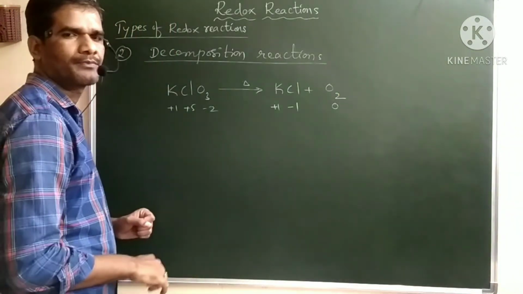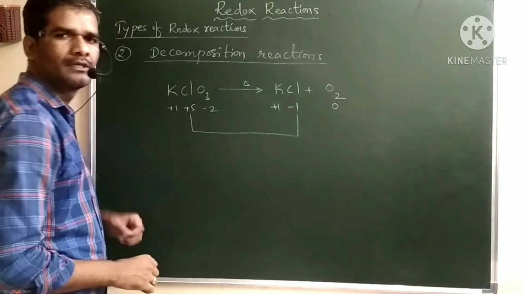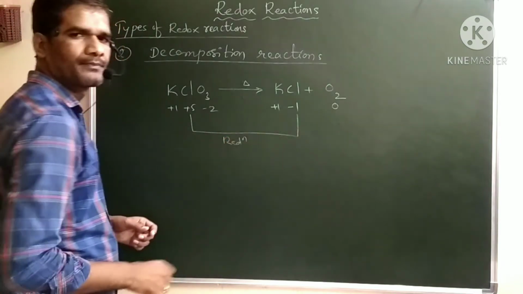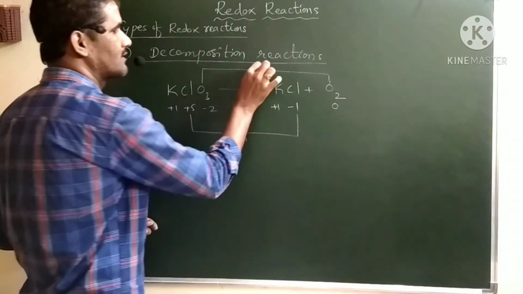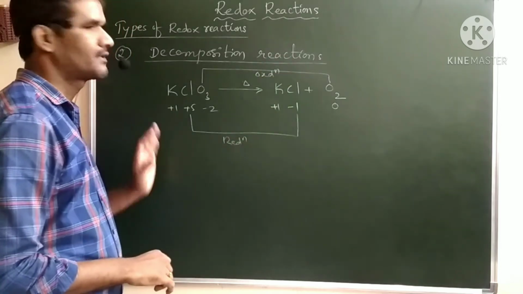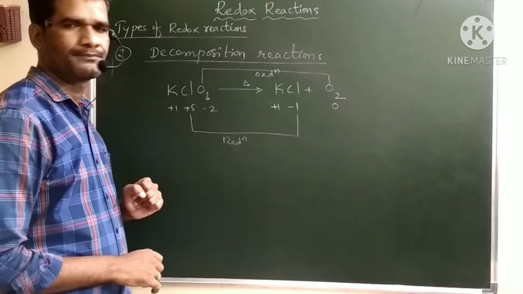Now chlorine changes its oxidation state from plus 5 to minus 1, a decrease, and this is reduction. And oxygen goes from minus 2 to 0, an increase, and this is the oxidation part. Again, this is an example of a decomposition reaction, and it is a redox reaction.